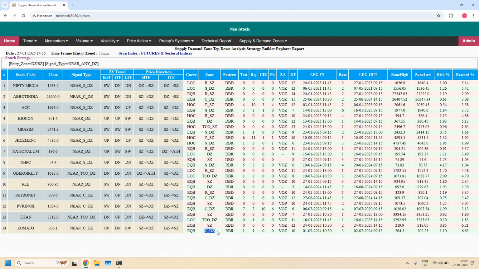I think 7 high liquidity zones, not 6, 7. Let me check. This is the first one, second one, third, fourth. No. This is pierced. Yeah, we have 6 only.